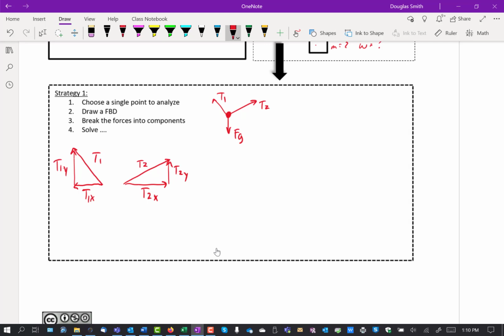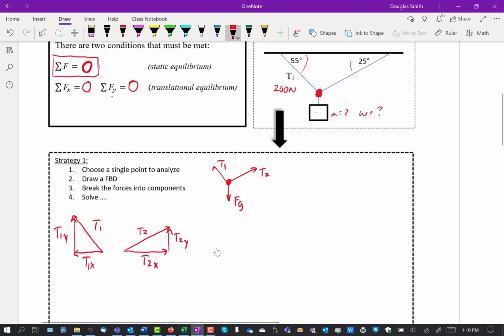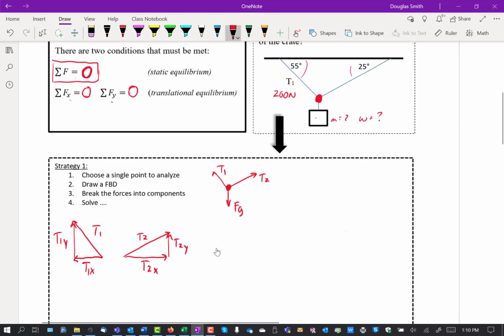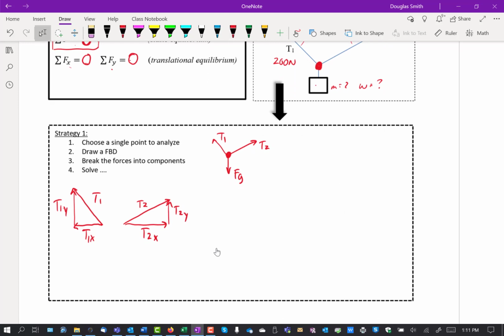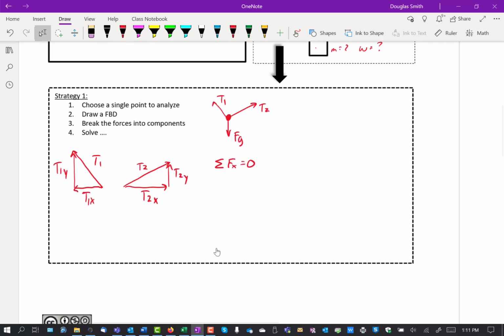I'm going to choose one of these directions to analyze, and I'm going to start with the sum of forces in the x direction being 0. If the total force acting in x is 0, that means T1x is equal and opposite to T2x. They have to have the same magnitude.